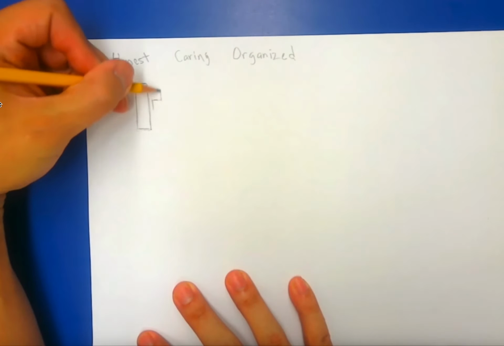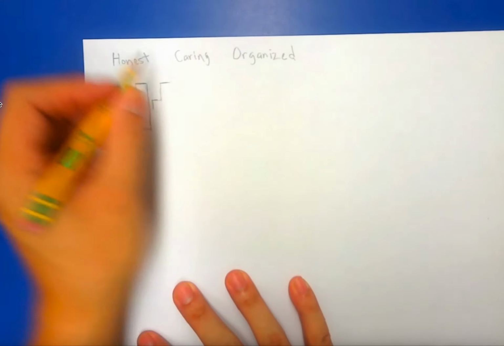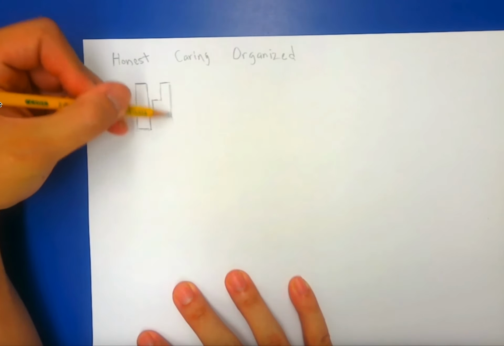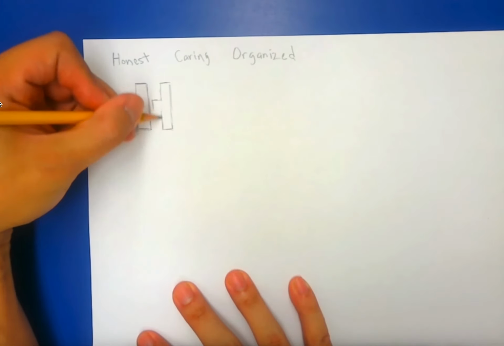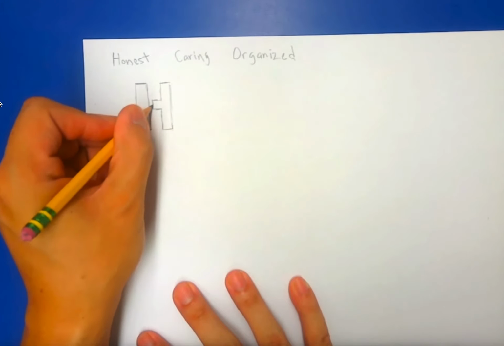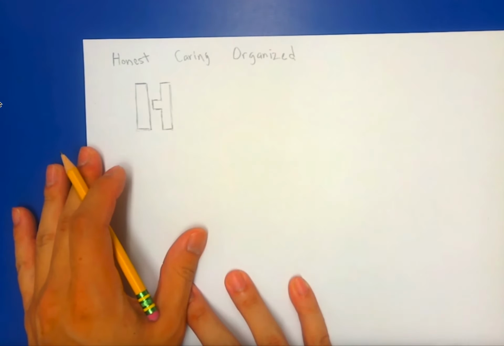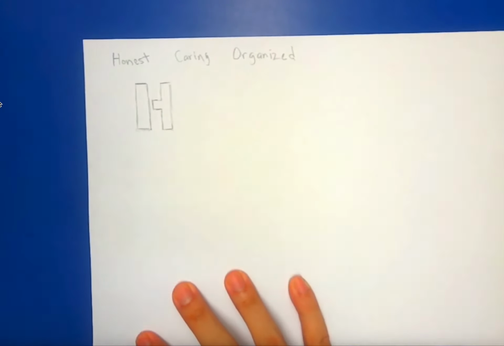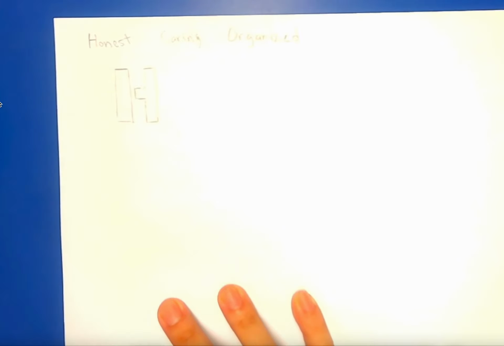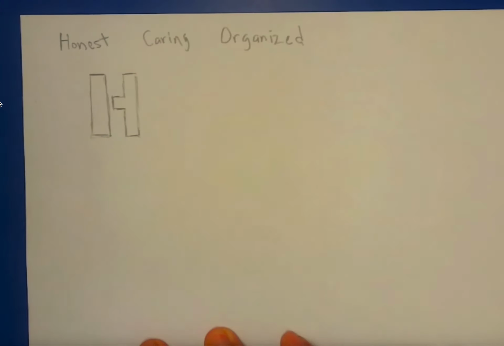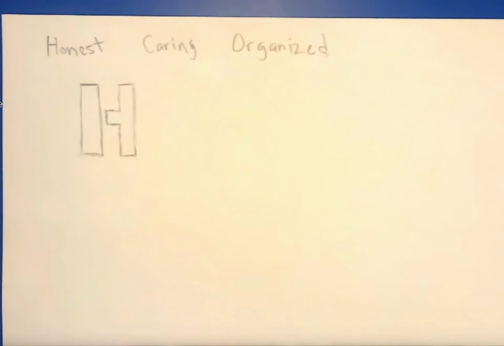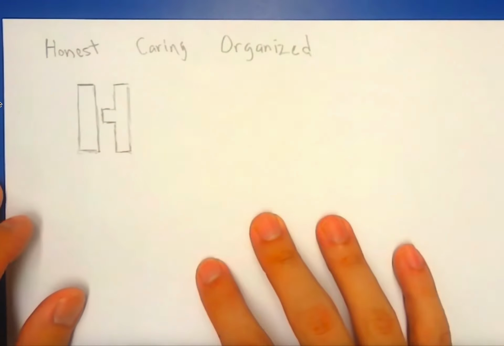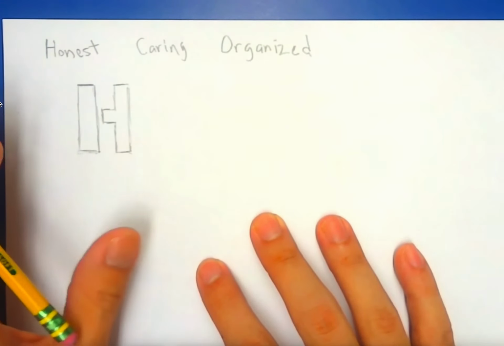Okay, so one easy way is you can just do block letters. If this is something you're comfortable with doing, you can just block out the letters. Real important though, because we're actually going to put these letters into perspective, you're going to have to make it into a block letter.